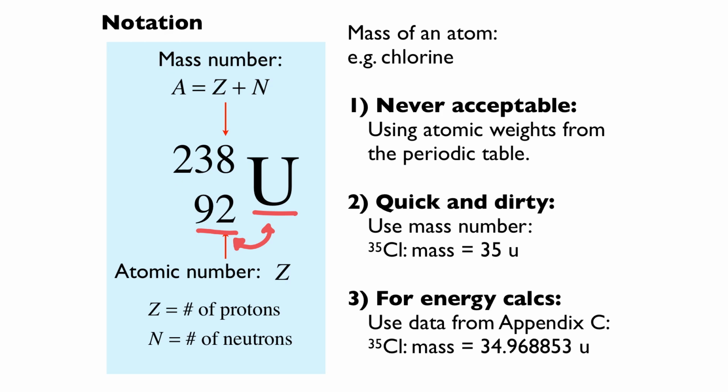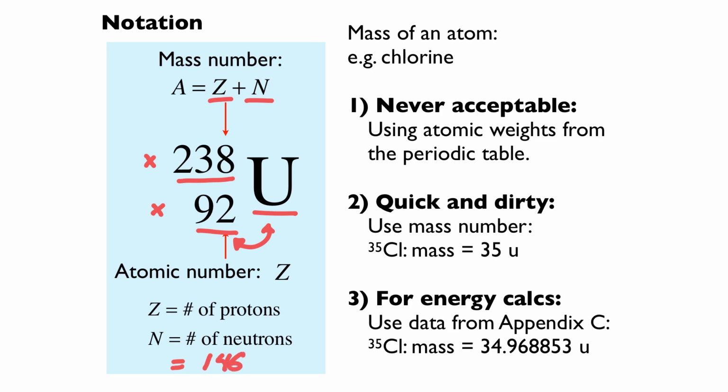The atomic weight is the number that goes up here, the atomic mass number. It is the sum of the number of protons plus the number of neutrons. It's the total number of nucleons in the nucleus. And so if you're looking for the number of neutrons in this nucleus, it's this top number right here minus the bottom number down here. So the number of neutrons in the nucleus, this particular one's 146.